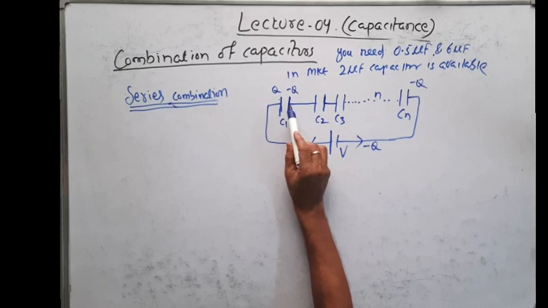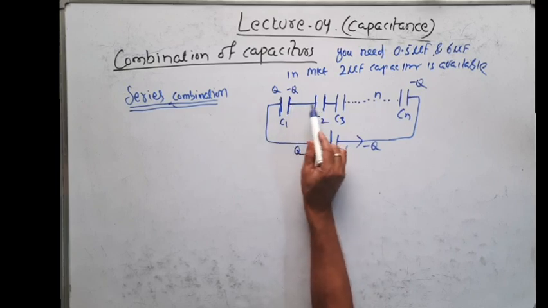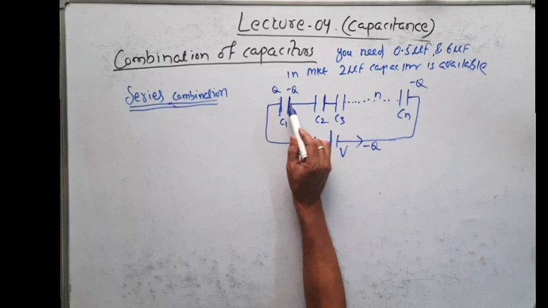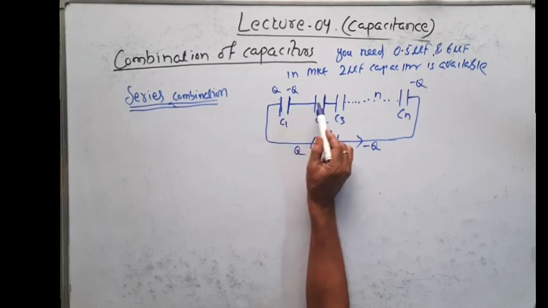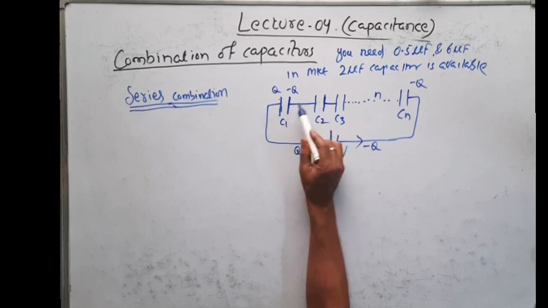But this plate and this plate are both electrically isolated. Why? Because before this plate there is an insulator or dielectric, and after this plate there is also an insulator, that is dielectric. So these two plates are electrically neutral, isolated. If it is electrically isolated, the total charge of the two plates is 0 initially.